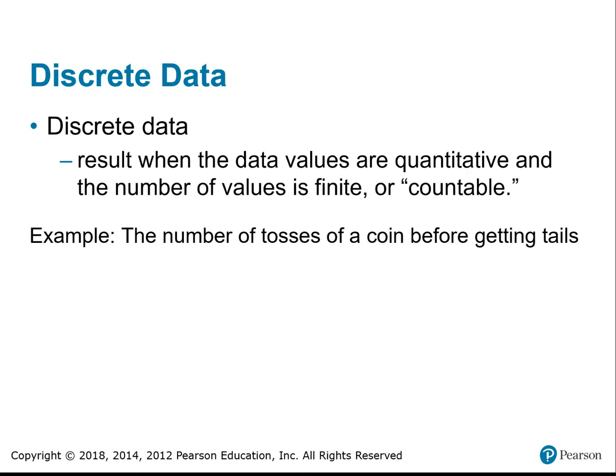Or if we're counting the number of times we have to toss a coin before we get a tail, we might get a tail on the first flip, so that'd be 1, or we might get 4 heads and then a tail, so that would be 5 flips to get a tail, but you cannot flip a coin 2.5 times. That doesn't make any sense. So with discrete data, we have a limited number of choices that it could be. Typically, they're whole numbers, sometimes fractions like with shoe sizes, but they're not any number. We're limited in what they could be.